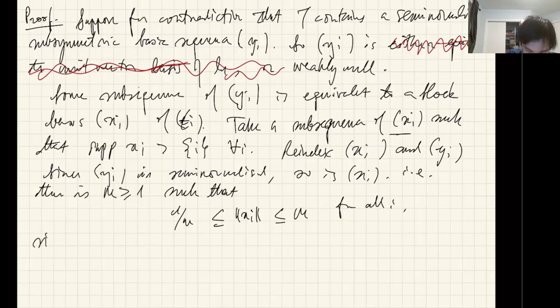Okay, now since the support of xi is greater than i, by lemma, okay, what lemma are we going to try to use? We're going to use this lemma.